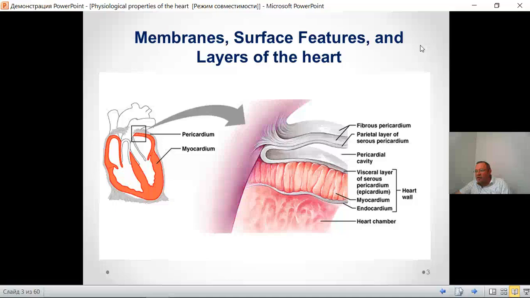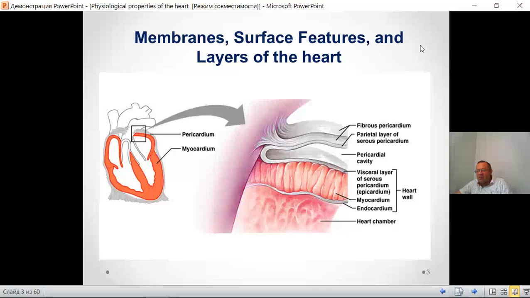In most organs within the body, visceral serous membranes, such as the epicardium, are microscopic. However, in the case of the heart, it is not a microscopic layer, but rather a macroscopic layer, consisting of a simple squamous epithelium called a mesothelium, reinforced with loose, irregular or areolar connective tissue that is attached to the pericardium.